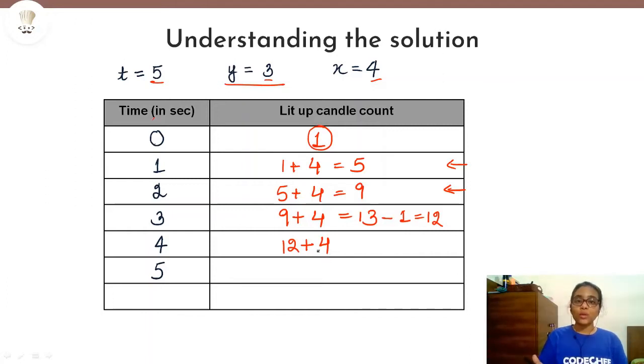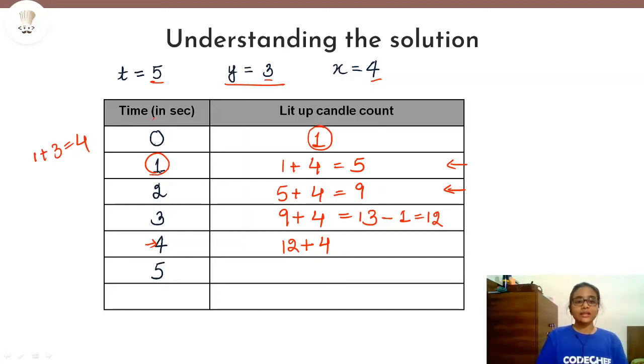Now which are the candles that will be extinguished here? 1 plus 3 equals 4, right? Which means that all those candles which were lit up at the 1st second will get extinguished at the 4th second, because after every 3 seconds we are also supposed to extinguish some of the candles.